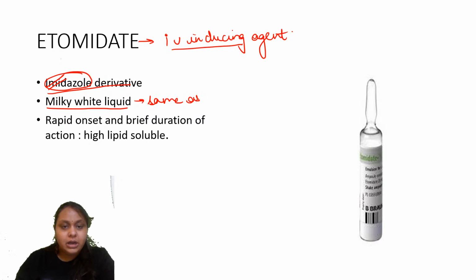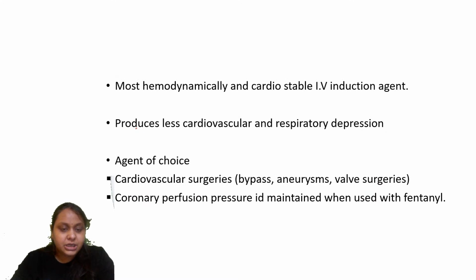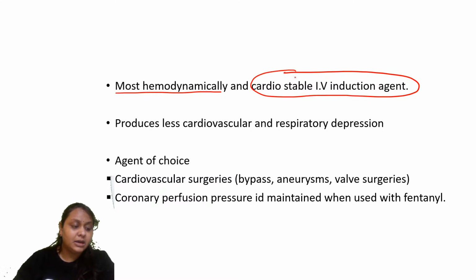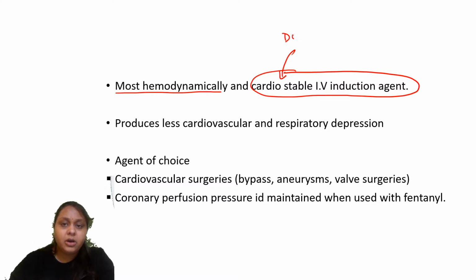Even propofol is a milky white liquid. Because of its high lipid solubility, there is rapid onset and brief duration of action. What happens is, it is most hemodynamically and cardiostable.